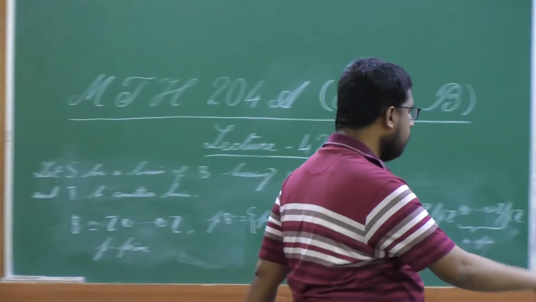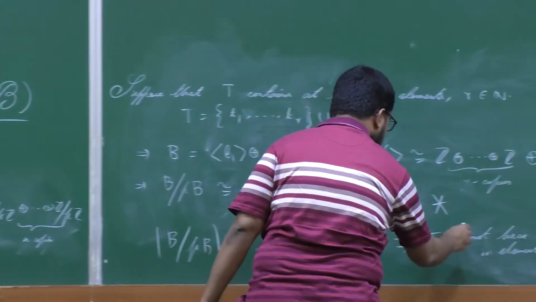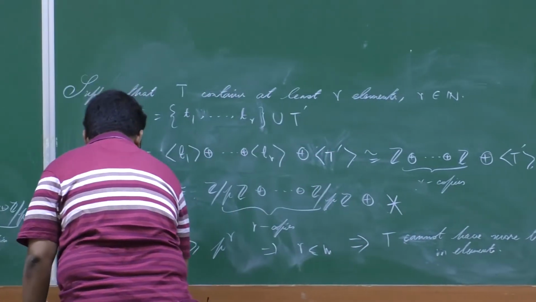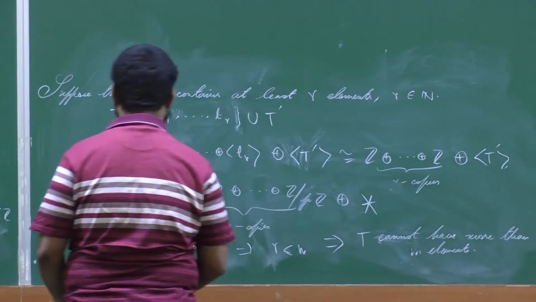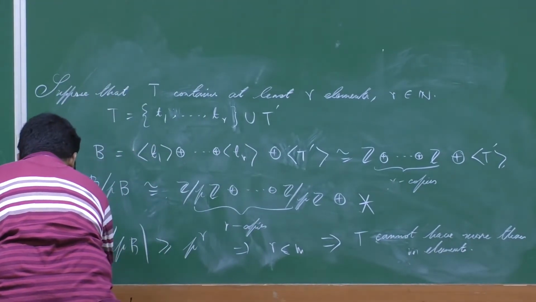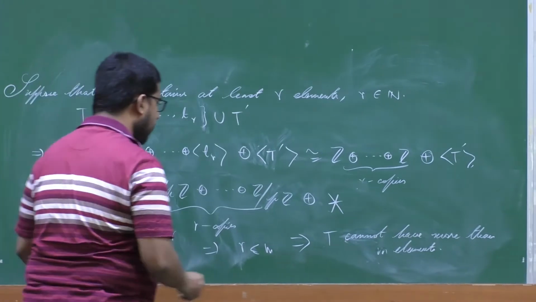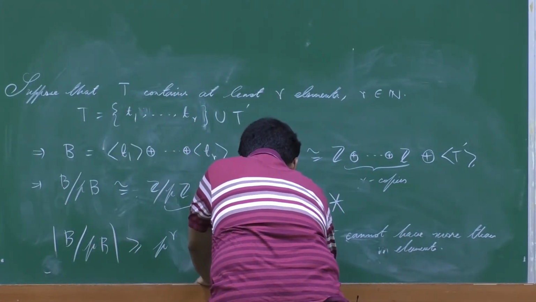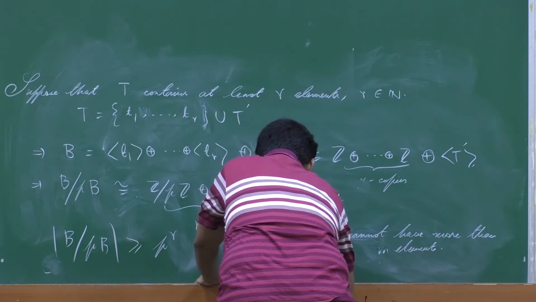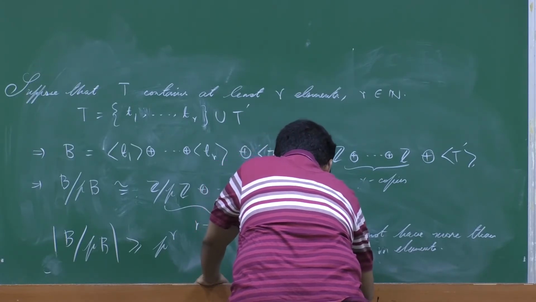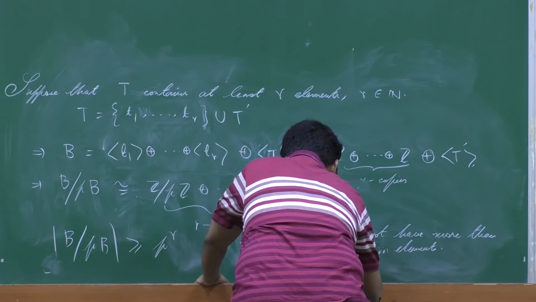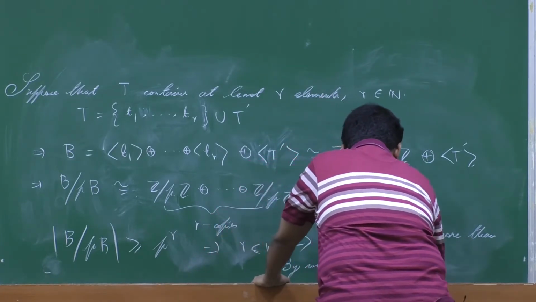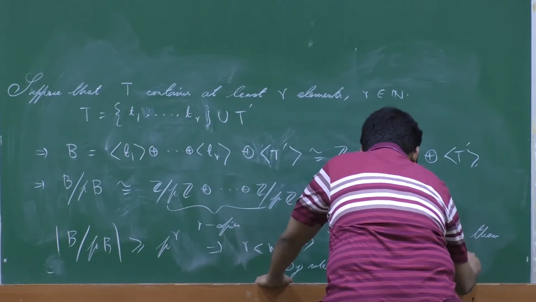So by role reversal, we obtain that the cardinality of S and the cardinality of T are the same.